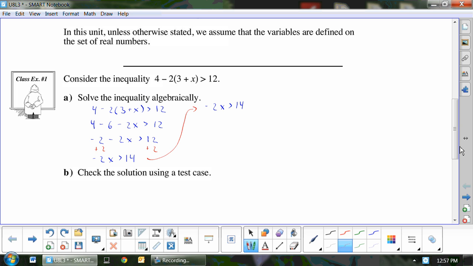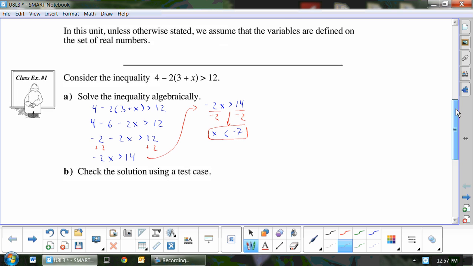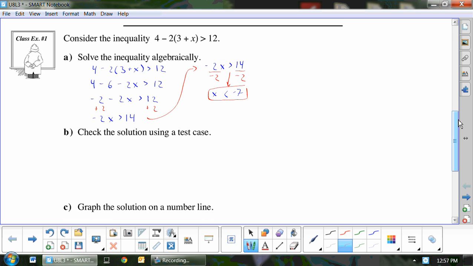Awesome. Okay, so we get x is less than negative 7. Okay. So how we got this should make sense to everyone because this is the kind of stuff we've been doing for a good part of this year so far.